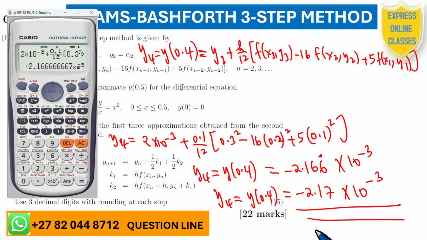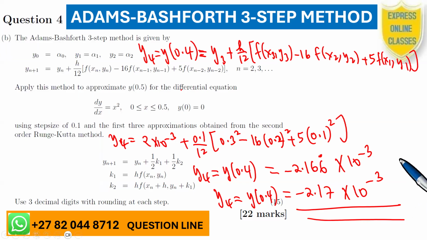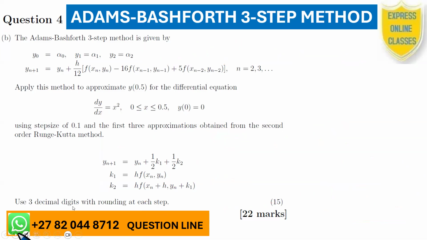So we continue with the next one. Right, in the next case, we're going to do the last one. So we're going to do y5, because now we are doing the last one, 0.5. So we're going to do y sub 5, which is y at 0.5.